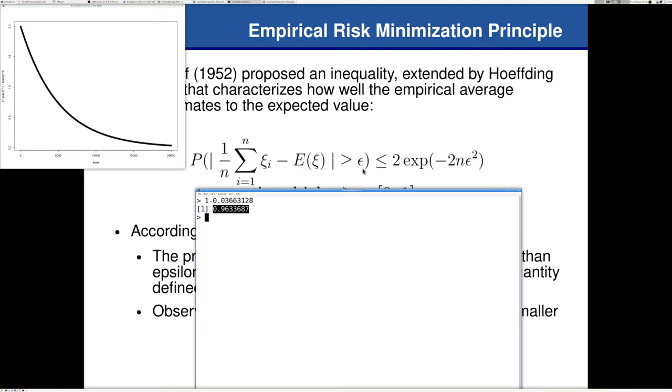If I come up with a different epsilon, I'm going to change it over here. If I define epsilon as 10% and I plot it in red, what's going to happen is that I need many fewer observations. I don't need as many observations as in here. Of course, if I change this to 5%, take a look, in green.